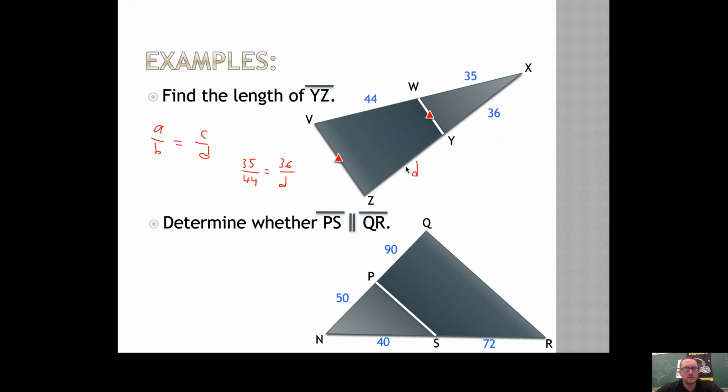If you know these three things, you can find this one. And you can do that just by cross multiplying. So we're going to take 35 times d. 44 times 36. We'll use a calculator for that. It gives you 1584.